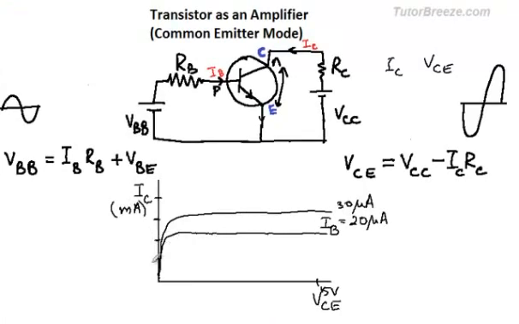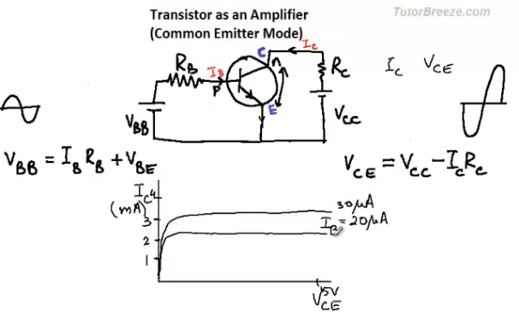Let's say the collector current over here is about 2 milliampere and here it's close to about 3 milliampere, which means when we are increasing the base current from 20 microampere to 30 microampere, the collector current is also increasing from 2 milliampere to 3 milliampere.